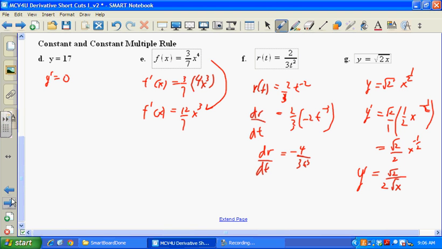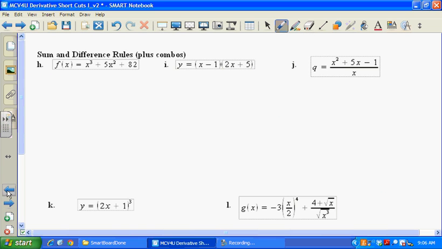Next, sum and difference rules. Essentially what this says is when I've got the sum or difference of a bunch of terms, I can take the derivatives of the terms separately. So here, if I wanted to, and again, this is my notation just to get you used to more notation, you will be able to skip some of these steps.